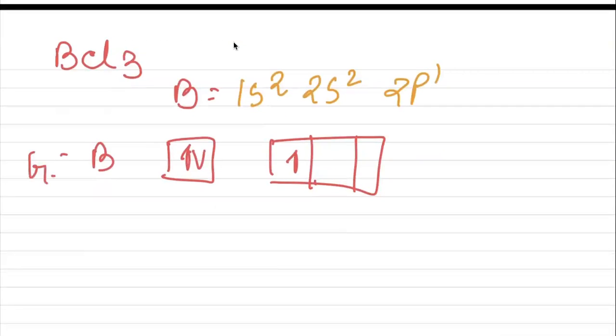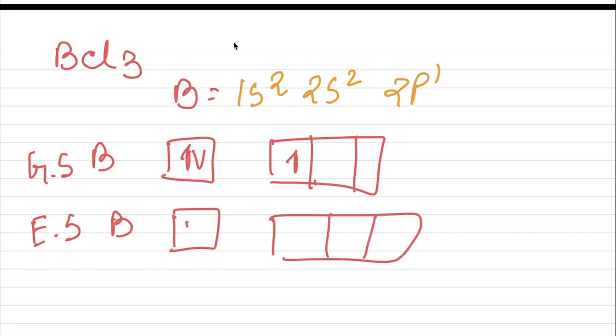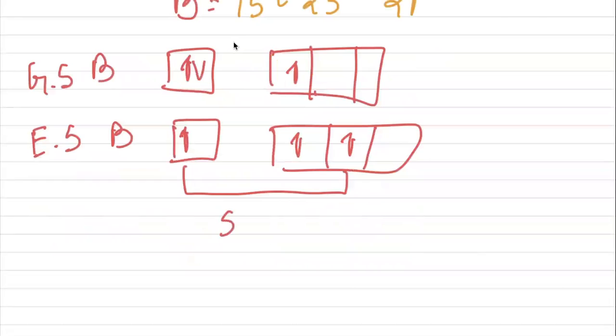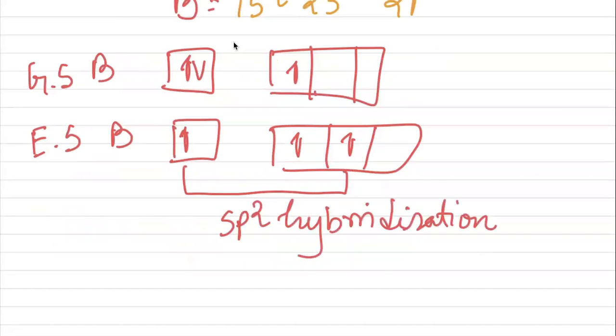This is the ground state. In the excited state, one s electron will move to the p orbital. So this s orbital and 2p orbitals will hybridize and form sp2 hybridization.